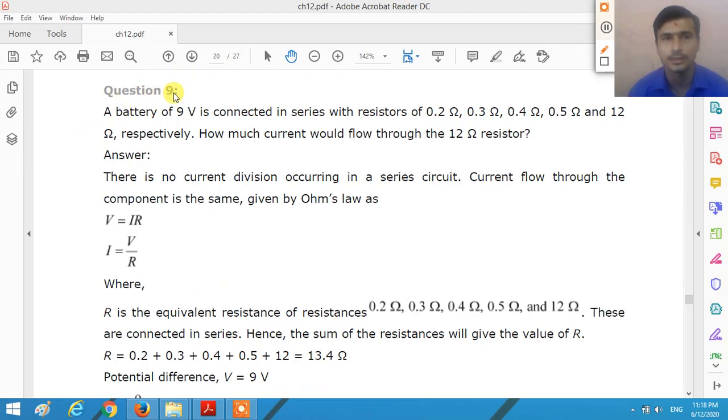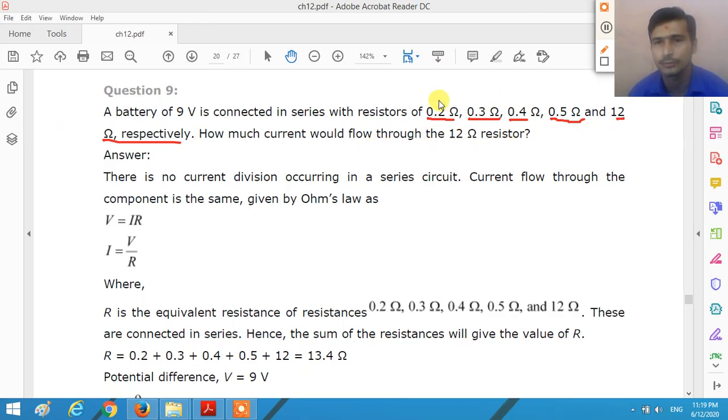Question number 9. A battery of 9 volt is connected in series with resistors of 0.2 ohm, 0.3 ohm, 0.4 ohm, 0.5 ohm and 12 ohm respectively. How much current would flow through the 12 ohm?